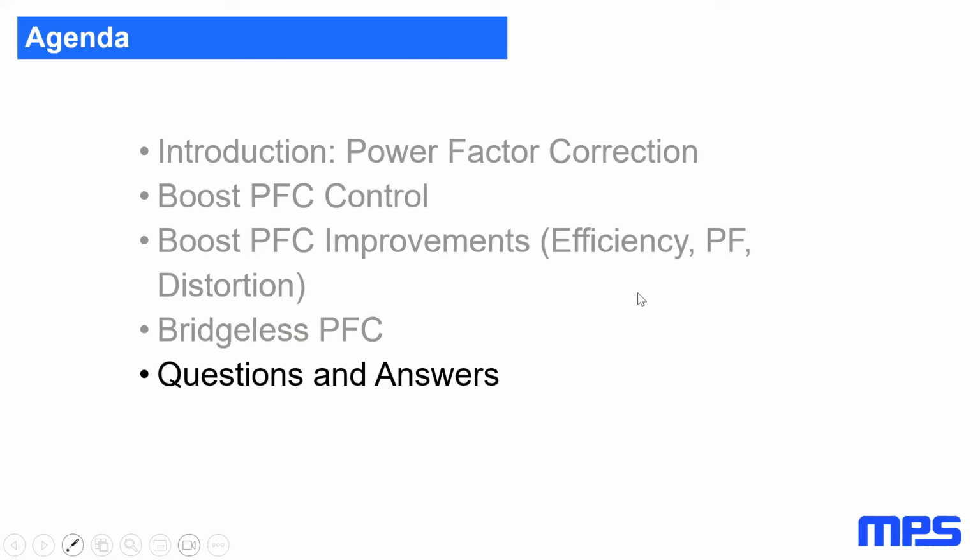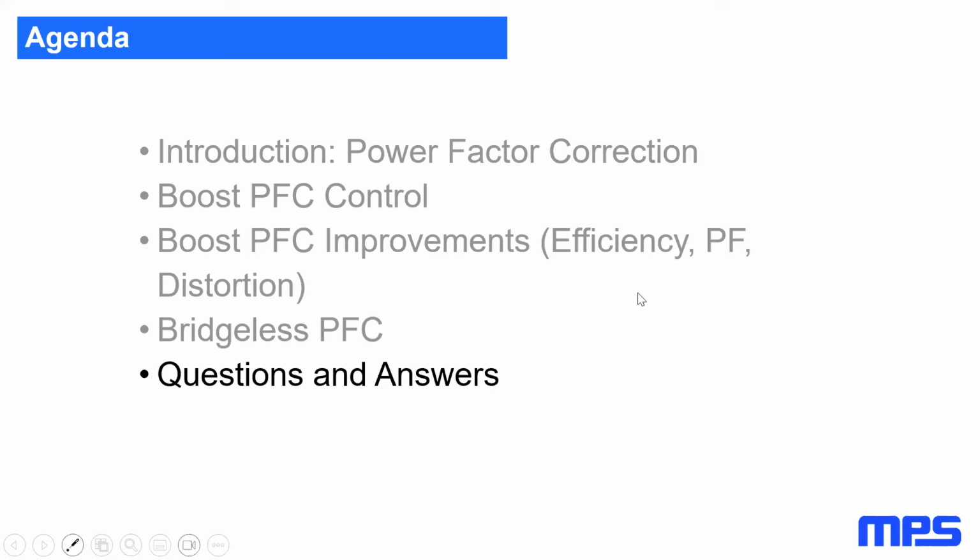So the next one is, what would be the pros and cons of interleaving totem pole PFC? Lower noise, better thermal management. Yes, this is in general interleaving, not only of totem pole PFC, but any PFC stage. Of course, the thermal management is better because you're spreading the heat into different ICs, different spots, let's say, on the board.